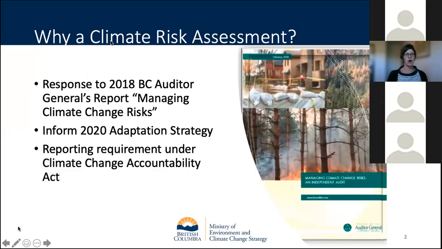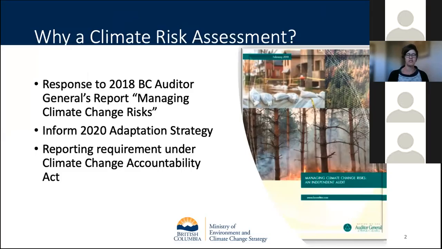Great. So why did we do a climate risk assessment? This was for a couple of reasons. It was in direct response to an Auditor General's report from 2018. The BC Auditor General tabled a report about managing climate risks in British Columbia and said that the province wasn't doing enough to manage its risks. And one of the key recommendations was for the province to do an assessment of what the climate-related risks were for British Columbia.